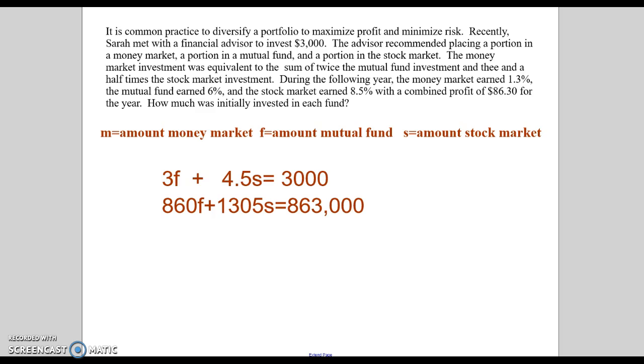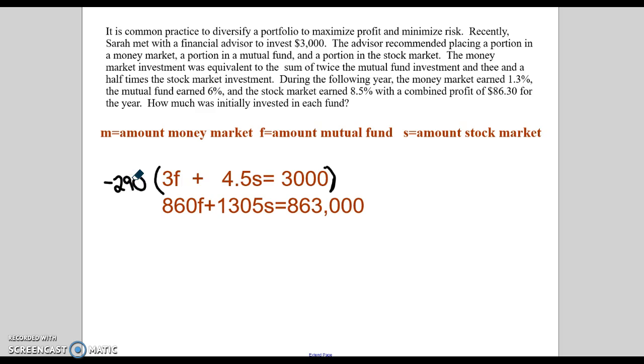At this point I can do either another substitution by getting one of the variables by itself, or I can use elimination. So what I'm going to do is take the top line and multiply it by negative 290.